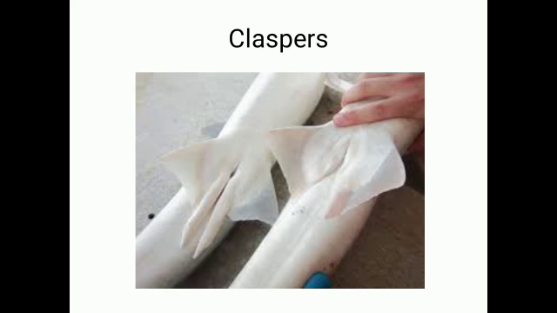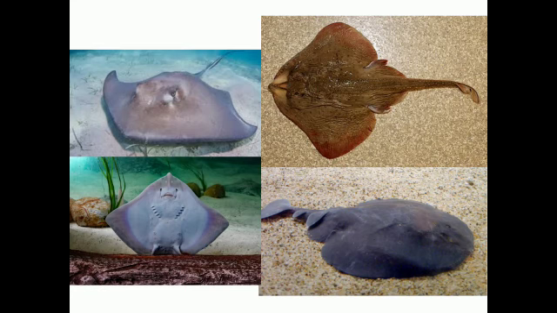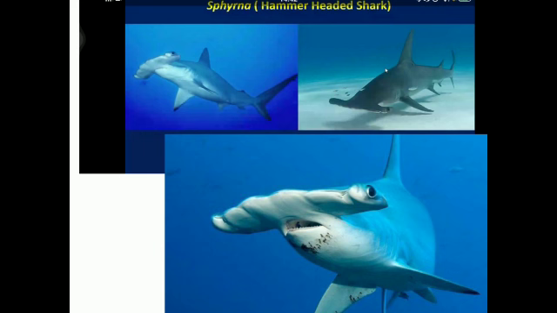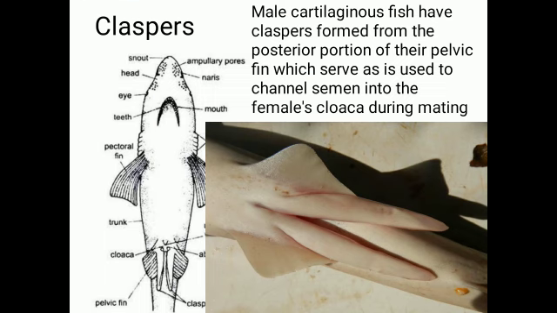These are certain features, and there are some examples also, like this is a stingray, or there are hammer-headed fishes, and this is a beautiful clasper structure, the extension of the pelvic fin.